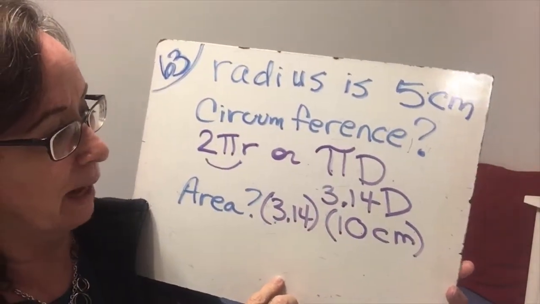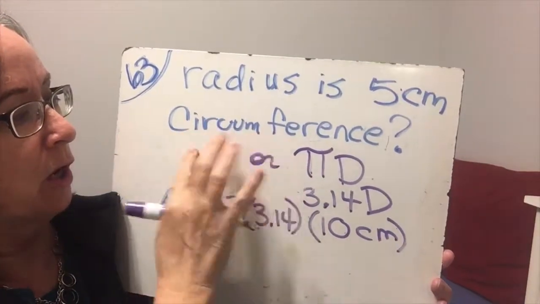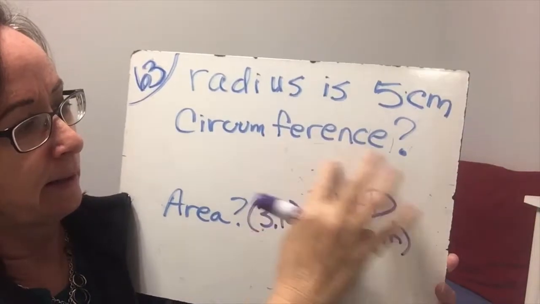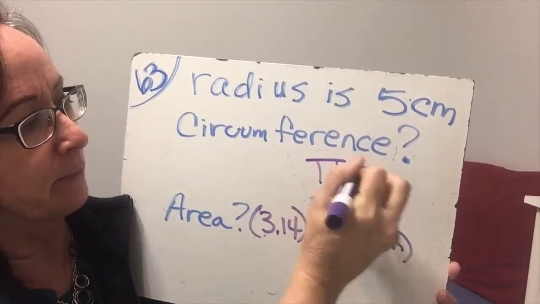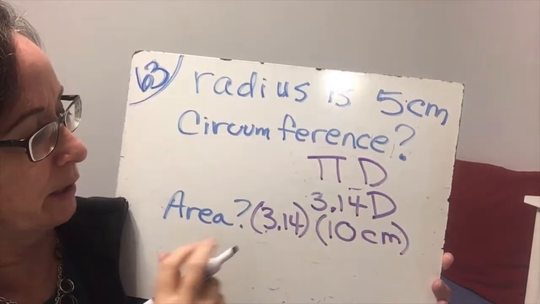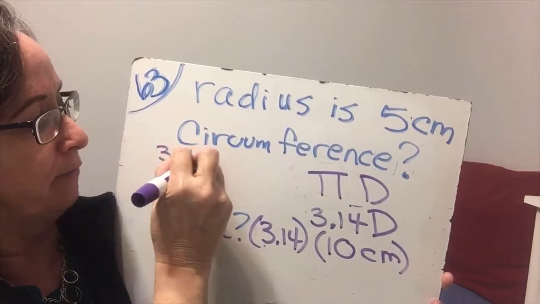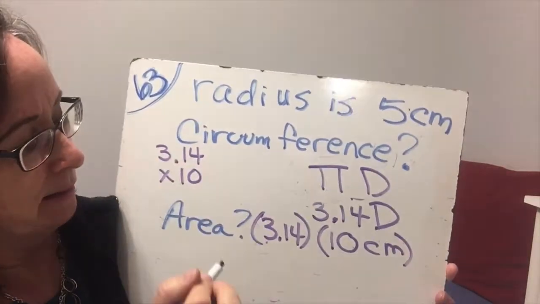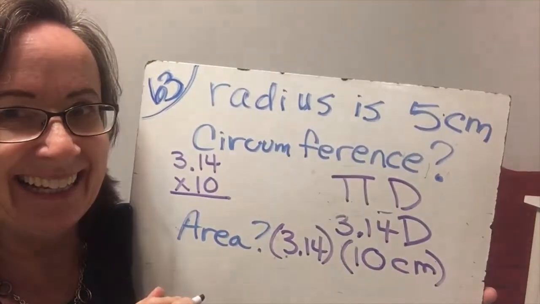Okay, so I'm going to do this right here so I can leave these both on the same board. Okay, so we're using that one. We can leave the pi d here because that's the one we're using. And then we're going to take 3.14 times 10. But remember what happens when I multiply by 10?